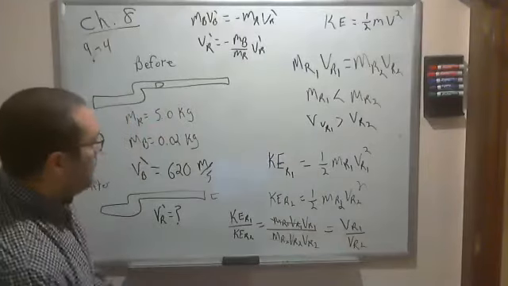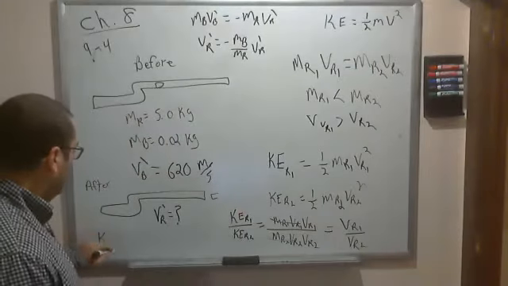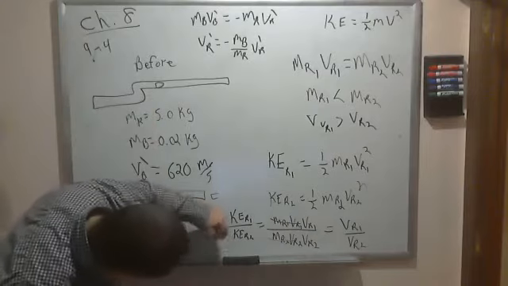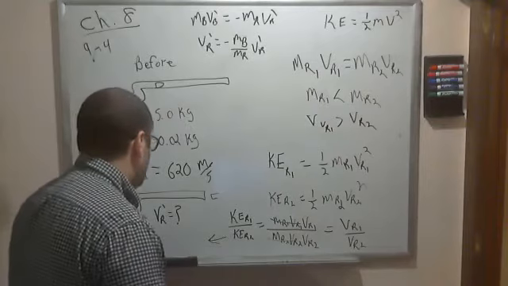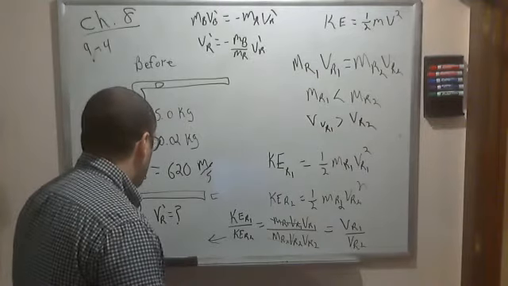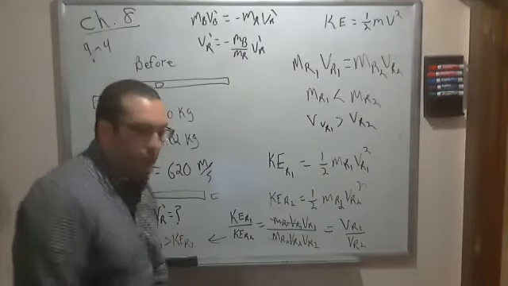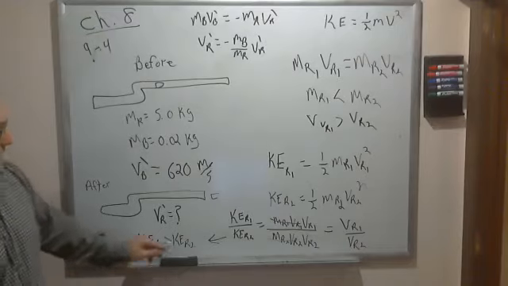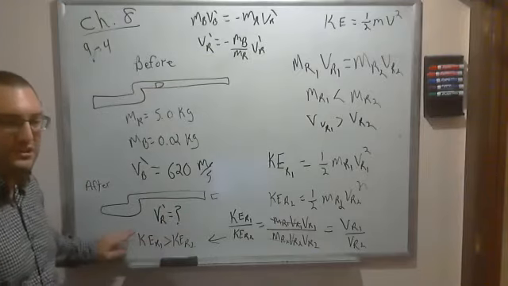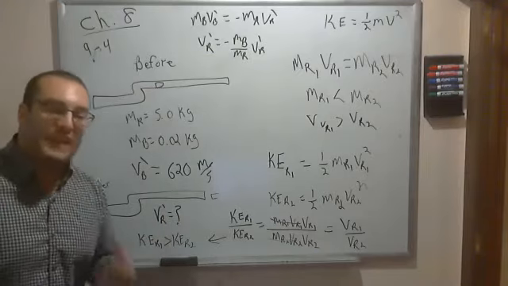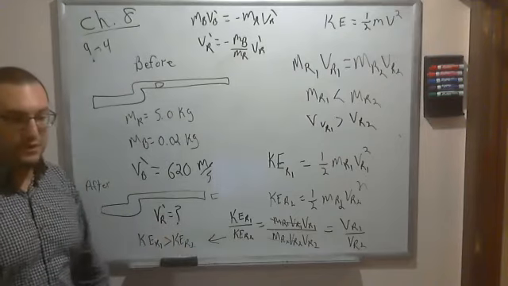So, and then we'll take the logic by using this. What this shows is that the kinetic energy of R1 is greater than the kinetic energy of R2, right? So even though the momentum stays the same, the kinetic energy is different. What this means is that there's less work done on you with a more massive rifle.